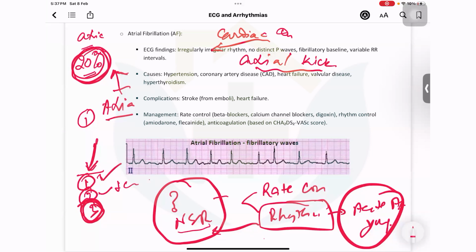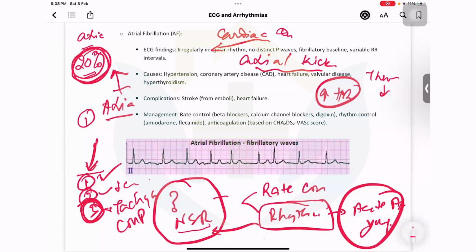Number three, there is something known as tachyarrhythmia associated cardiomyopathy. People who are continuously in an increased heart rate, even if they have a thyroid disorder, it is known as thyrocardiac disease. But in general, anything that leads to a persistent tachycardia can lead to heart failure by causing tachyarrhythmia or tachycardia associated cardiomyopathy.